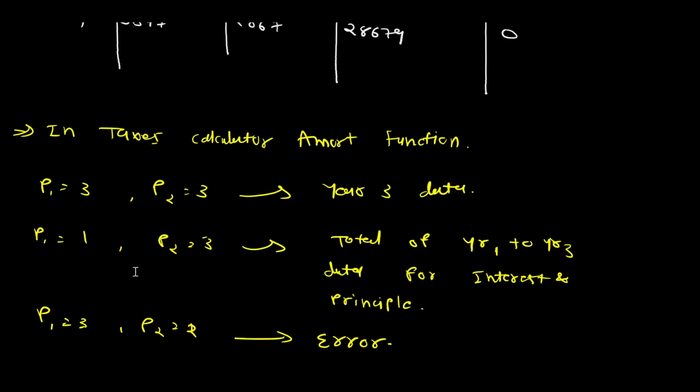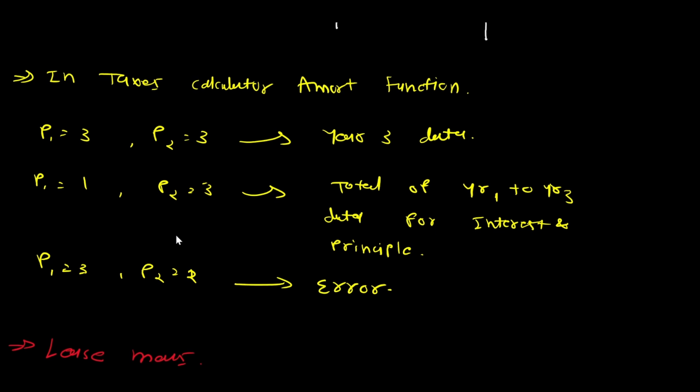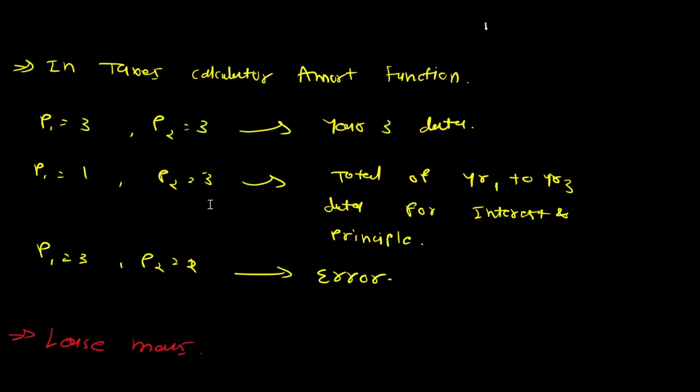And if you enter P1 equal to 1 and P2 equal to 3, you will get the total of the year 1 to year 3 data for the interest and principal, because it sums all the 1 to 3 years of data. And if you enter P1 as 3 and P2 as 2, you will get an error because you are telling the calculator to start from 3 and end at 2. That's not possible. You need to start from 1 to 3.